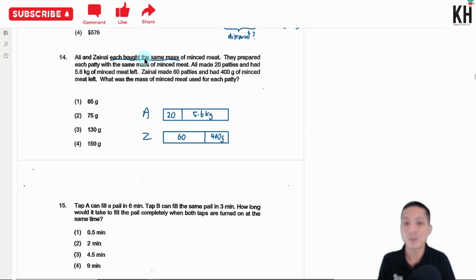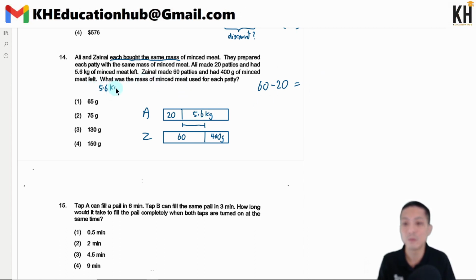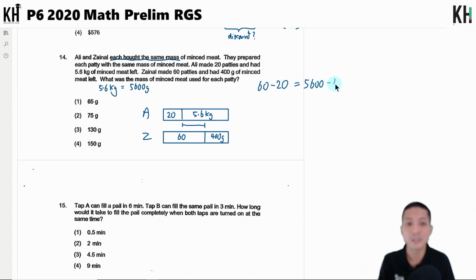Once you see this model, you should be clear that this part over here to here is the difference. Which means that 60 minus 20 will be equal to 5.6 kg. So let's convert it into grams first. Multiply by 1000, which will be 5600 grams. 5600 minus 400, so 40 of them will be equal to 5200.